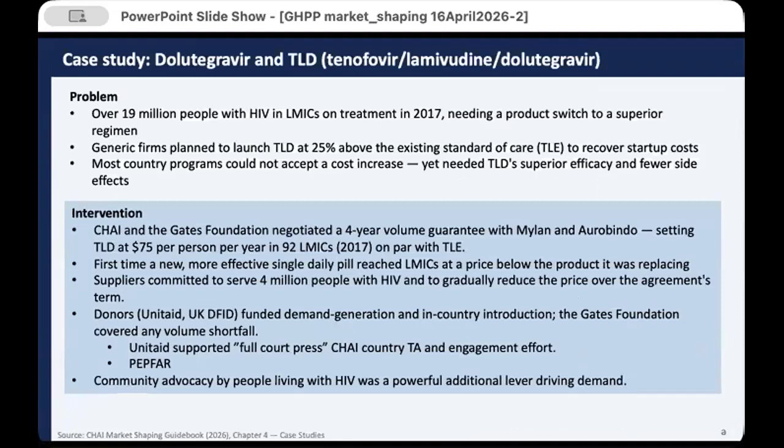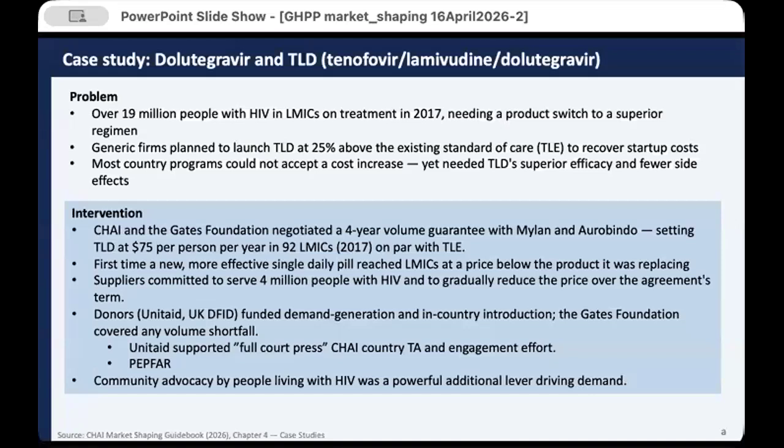Another example, and this is a bit from history, is being able to move from a fixed dose combination to dolutegravir. At the time, the standard of care with the backbone was efavirenz. That had serious side effects. And also, dolutegravir was more potent, but it was a lot more expensive, at 25% over the price of TLE.